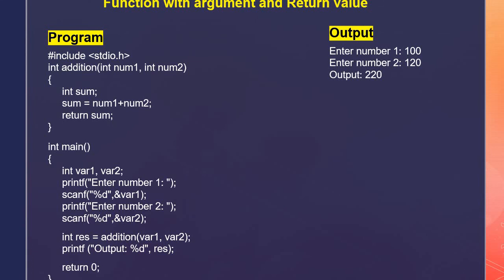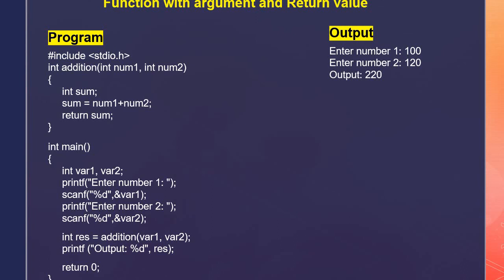It is very important that this sum data type should match this return type, that is int, which we mentioned before the function name. If you are returning any float value, certainly this return type should be mentioned as float only, or else it won't accept. It will show some errors for you.